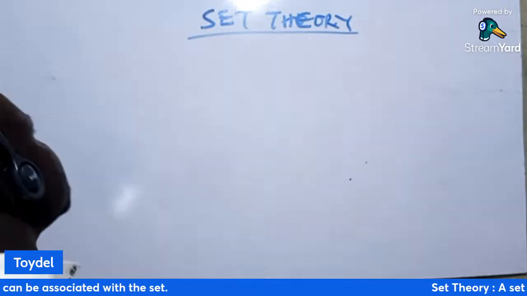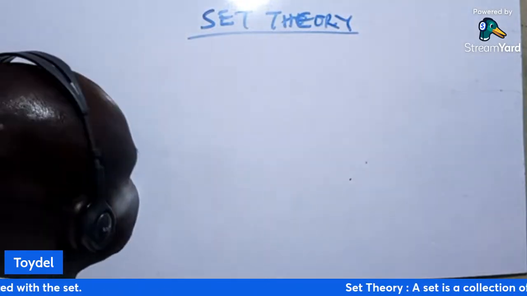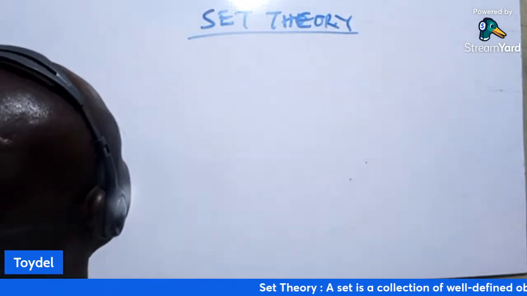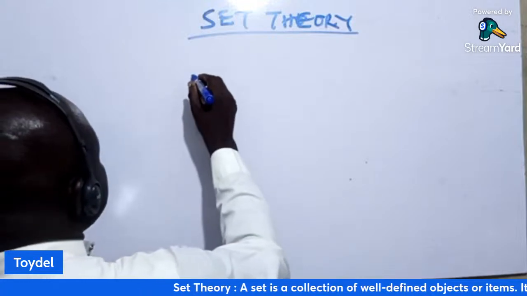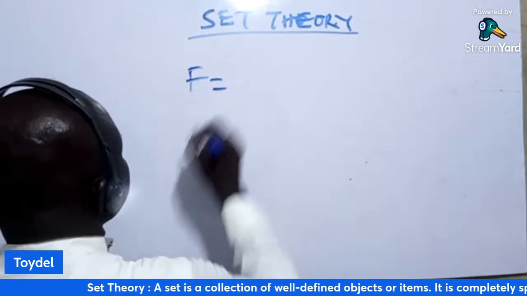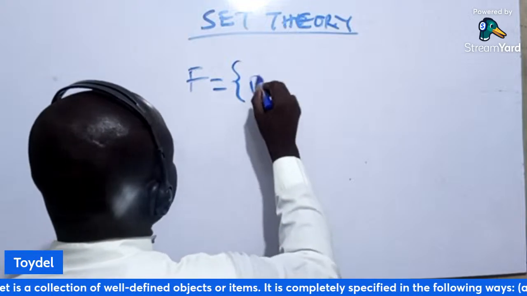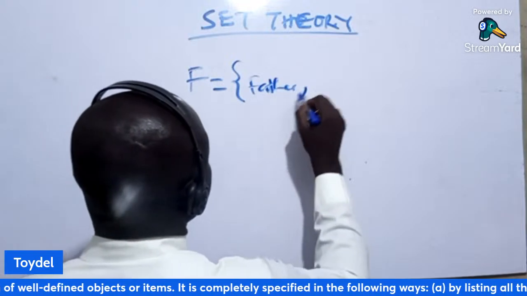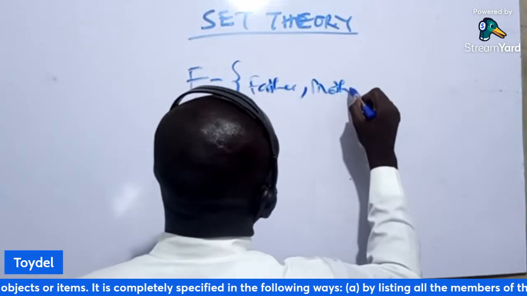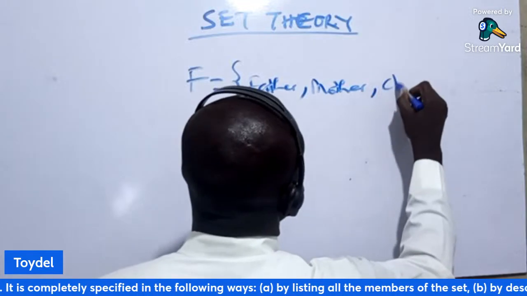For instance, if we talk about a set of a nuclear family, let's denote the set as maybe F. That set comprises the father, the mother, and the children.